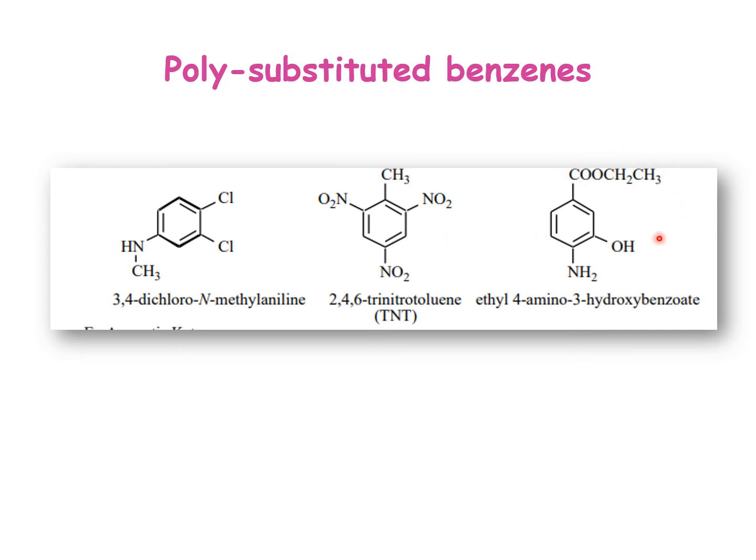In the third compound, we can see we have amino group, hydroxy group, and it is actually a benzoic acid, but ester with ethyl group. So ethyl, 4 amino, 3 hydroxy, because it is taken alphabetically, 2 substituents, benzoate to indicate it is ester.